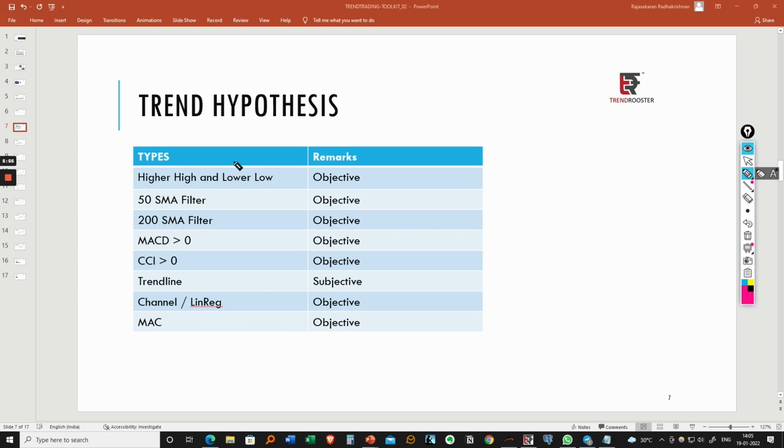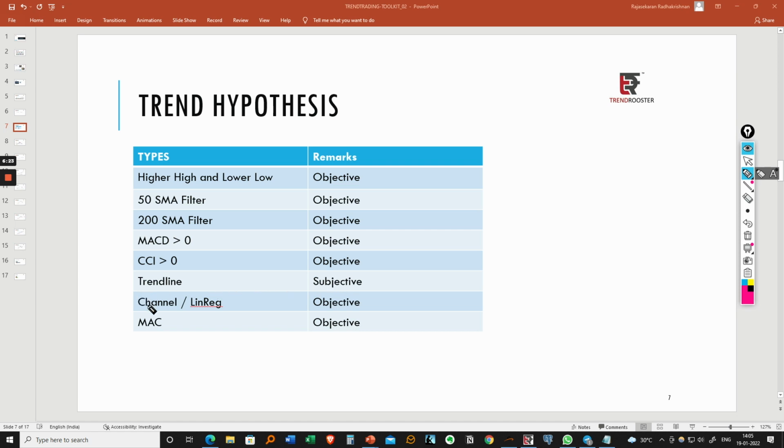Okay, higher high, higher low, it is an objective method, but you have to have trained eyes to find out the higher highs, higher lows. And then 50 SMA filter, this is objective, it is pretty easy to find out. 200 SMA filter is pretty easy to find out. MACD above 0, it is easy to find out. CCI above 0, it's easy to find out. Trend line, again, it is subjective, it's not objective, and you need to have trained eyes.